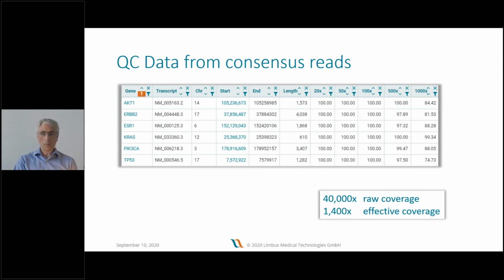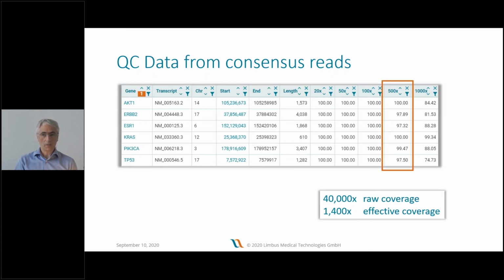And basically the important column is the one indicated with a red rectangle, 500x. The numbers in this column indicate the percent of bases that are covered with at least 500x coverage in this sample. And as you can see, for almost all genes, we achieve close to 100%.